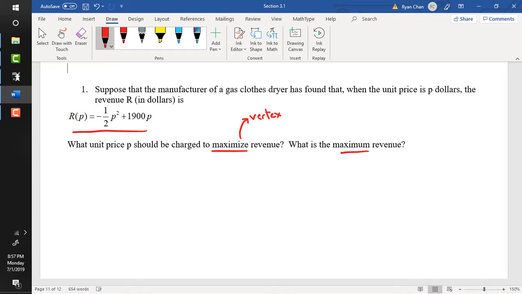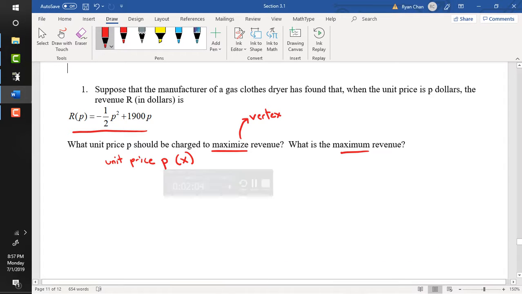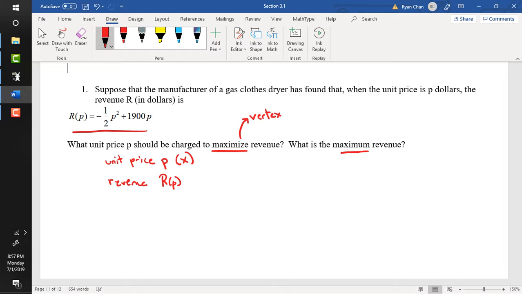Okay, so my unit price, p, is really my x. And then my revenue is going to be my y. Okay, so I just want to make sure I'm listing this down, writing which one's my x, which one's my y, so I can understand what's happening.